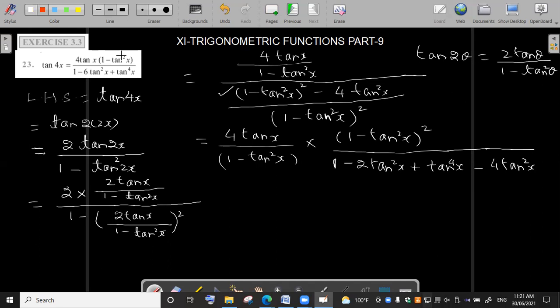Now you can see this one will cancel with this one. So these are two terms, so one will be cancelled, one will be left.